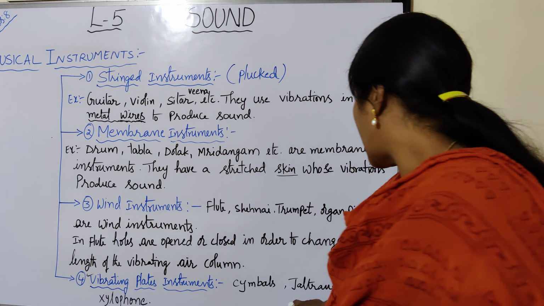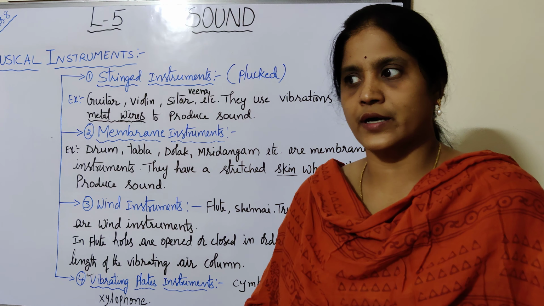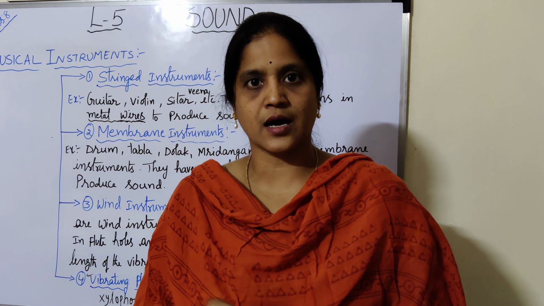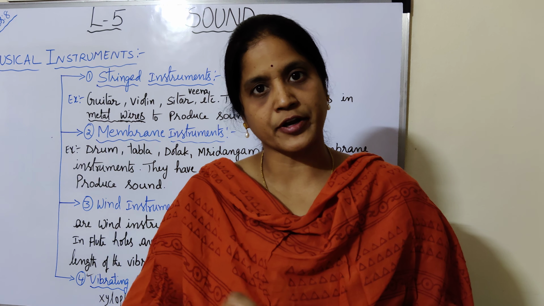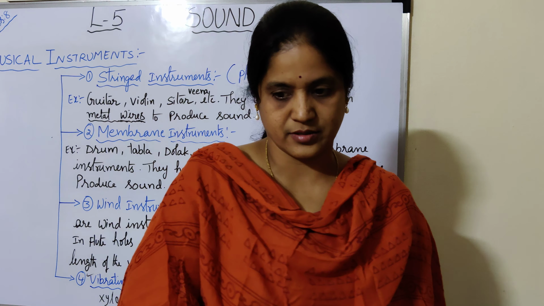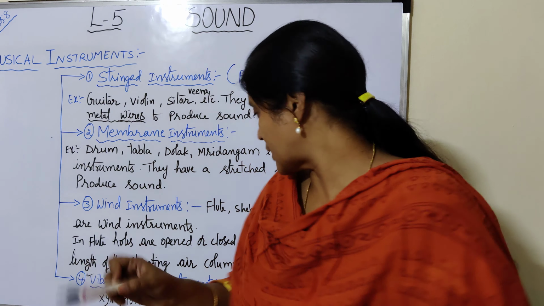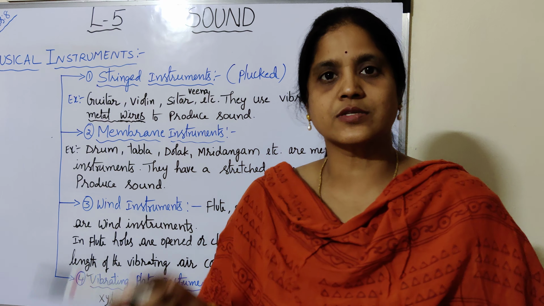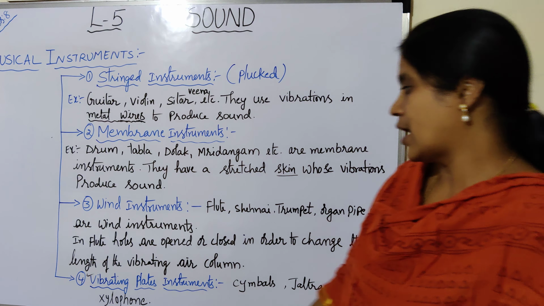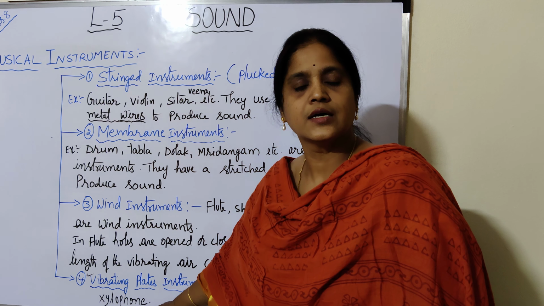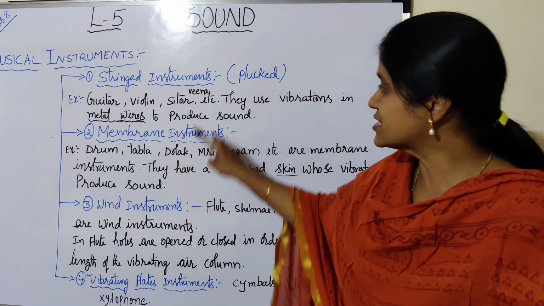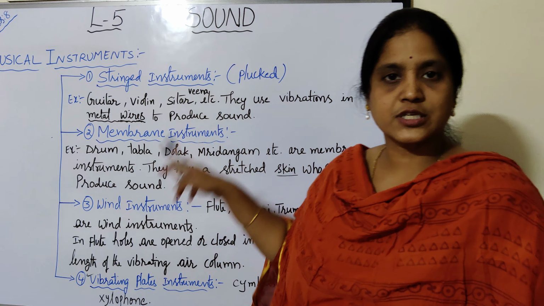And Jaltarang is where they take different metal cups or glasses, fill them with different quantities of water, and take a metal stick and touch the water bowls or glasses to produce sounds. That is called Jaltarang. And this is the xylophone. These all come under vibrating plates instruments. So these are the four types of musical instruments.